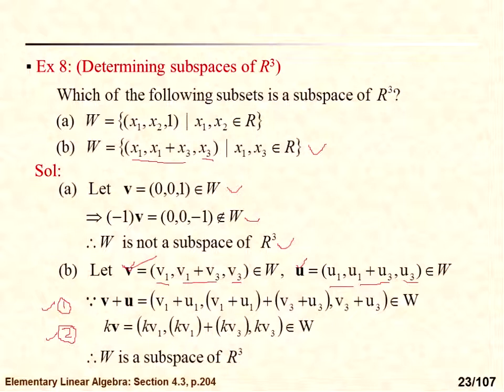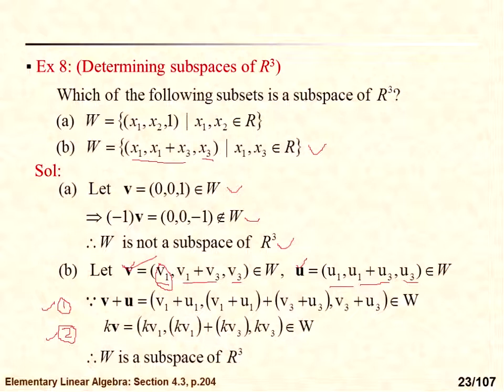It means that it satisfies all the 10 points. We only show whether it belongs to the subspace or not. So we have to show only the two points: closed under addition and closed under scalar multiplication. So let's recheck.